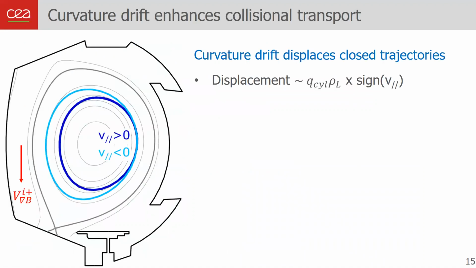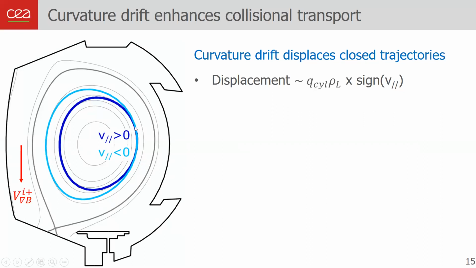So the first thing on transport is still linked to curvature. Here is an illustration of the plasma geometry in a tokamak with flux surfaces as gray thin curves. Take an ion sitting there.